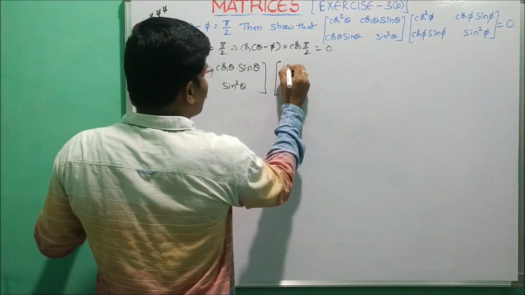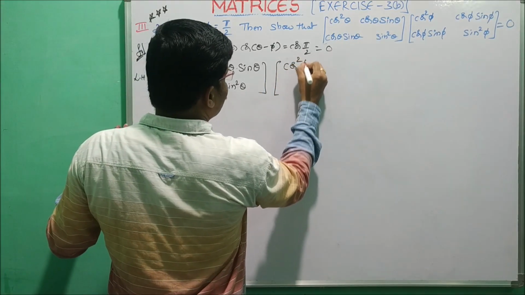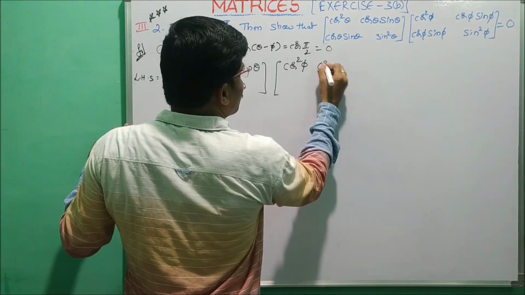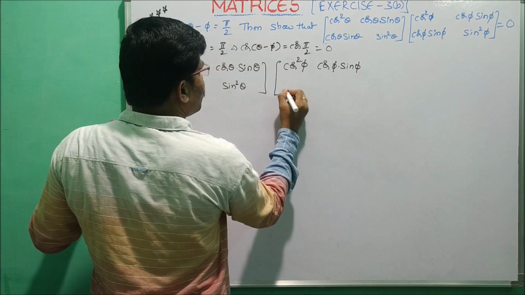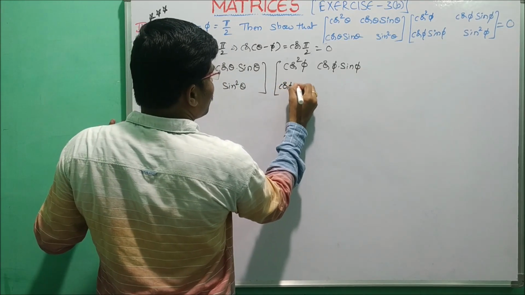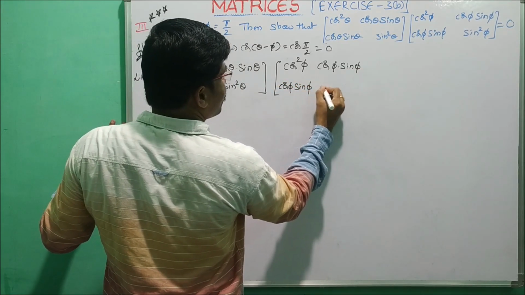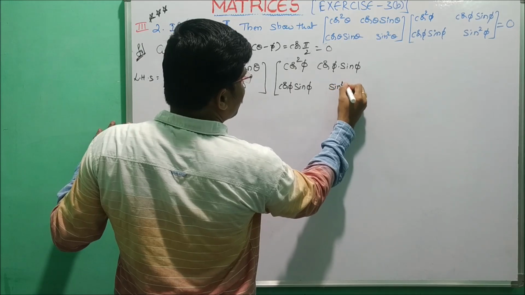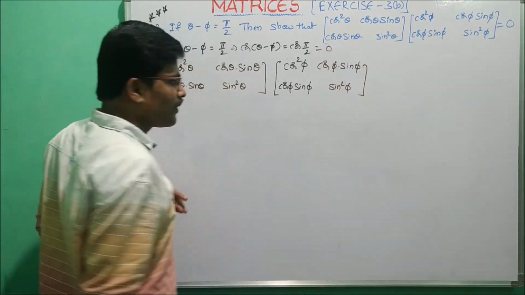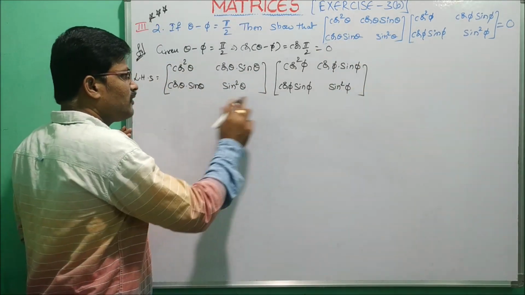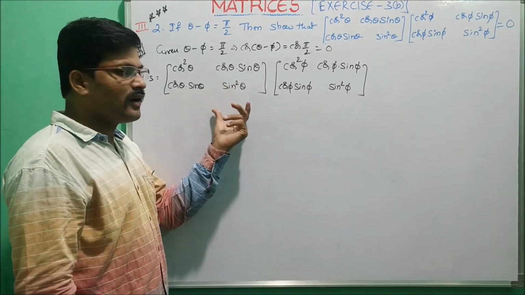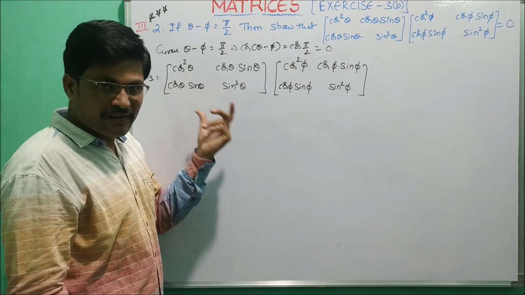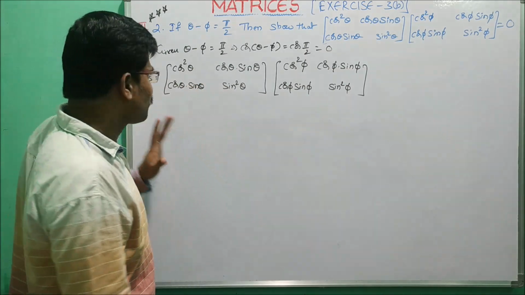The second matrix is cos square phi, cos phi into sin phi, cos phi into sin phi, sin square phi. Now these two are 2 by 2 square matrices. Therefore here also the multiplication condition exists.